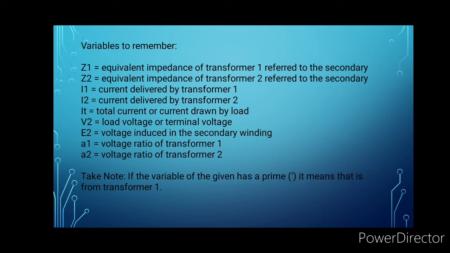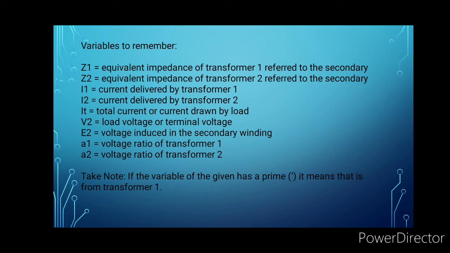Take note, if a given variable has a prime, it means that it is from transformer 1. For example, if there's a given problem and the variables have a prime in it, it means that all that is given comes from transformer 1, and the rest, whatever subscript it has.